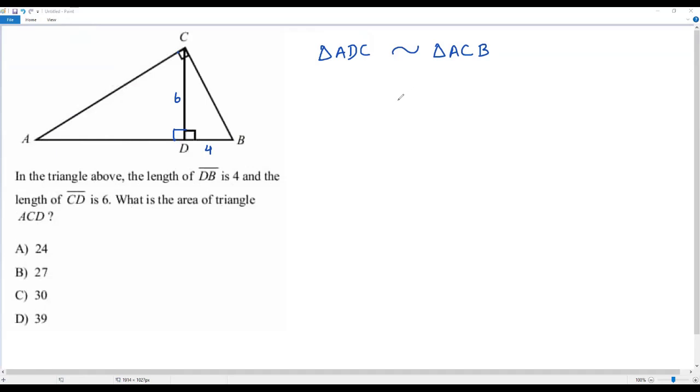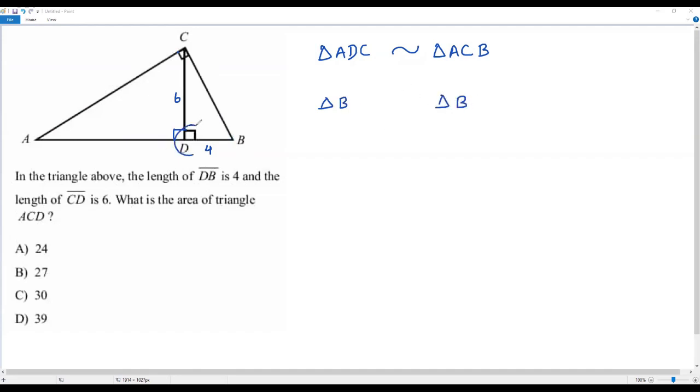Now let me write the same similarity statement for the right triangle BCD and the original triangle ABC. When I compare the right triangle BCD and the original triangle ABC, we find the vertex B in common. Let me write the vertex B first in both triangles.